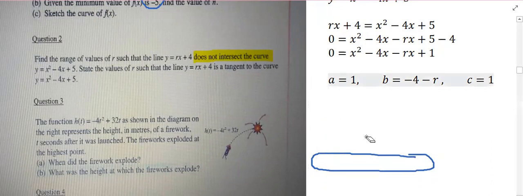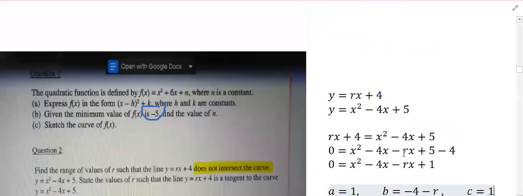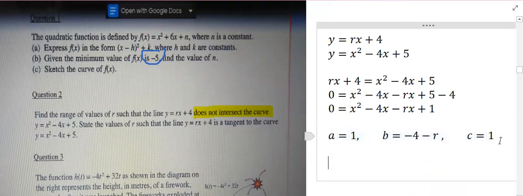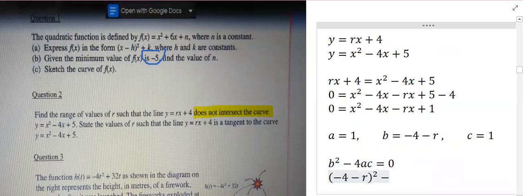Okay, you are doing the same working. You equate the 2y, and then you get the ABC same as just now. But now it is b squared minus 4ac equal to 0 because they said tangent. Tangent means 1 intersection point, equal real roots. So negative 4 minus r squared minus 4ac equals to 0.